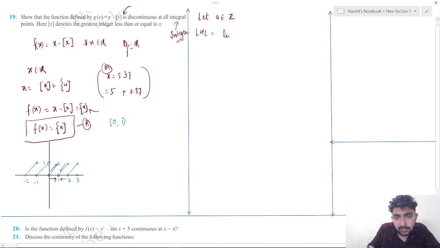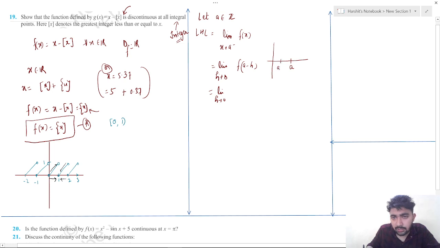LHL is limit x tends to a negative f of x, which is limit h tends to 0 f of a minus h. If we take a hypothetical situation, suppose we assume a is here.